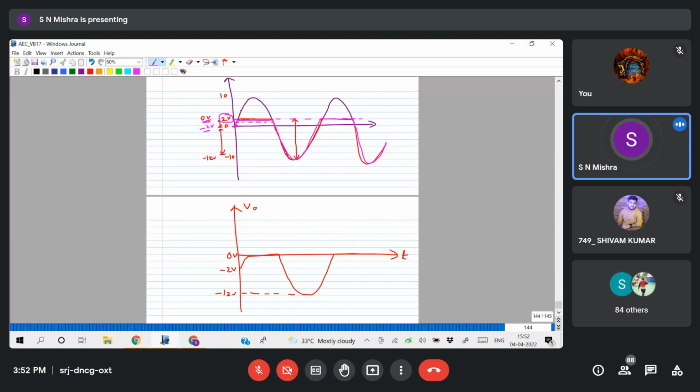According to that it will change. Instead of 2 it will be 1.3 volt. And here, 10 plus 2, instead of 2 it will be 1.3. So it will be 11.3. Okay. So like that you have to analyze.